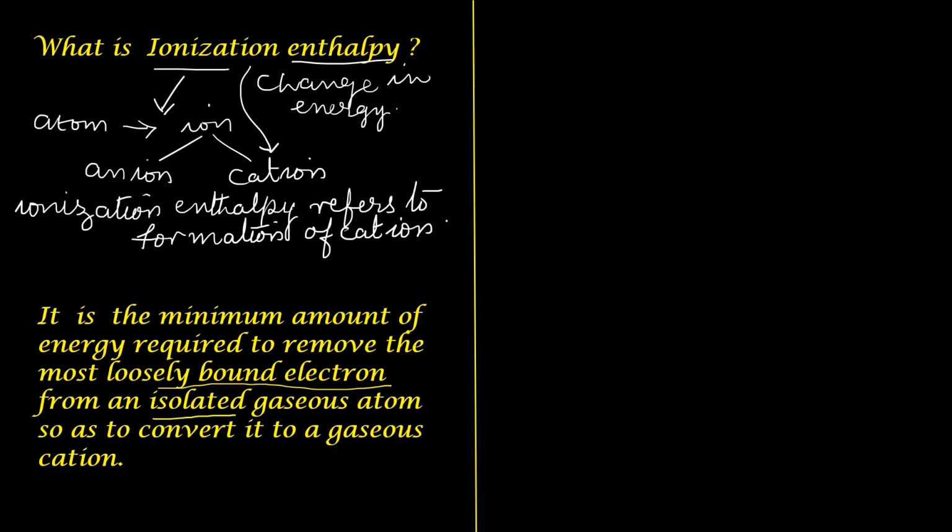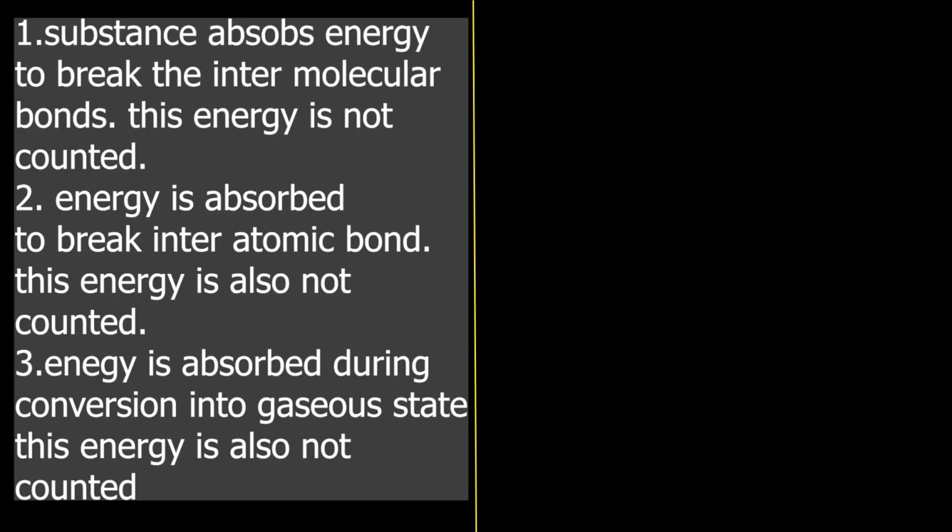So, while determining ionization enthalpy, when energy is applied to the substance, some amount of energy is absorbed to break the intermolecular bond and then the interatomic bonds inside the molecule so that the atoms are isolated. Some amount of energy is also used for conversion of the substance into gaseous state.